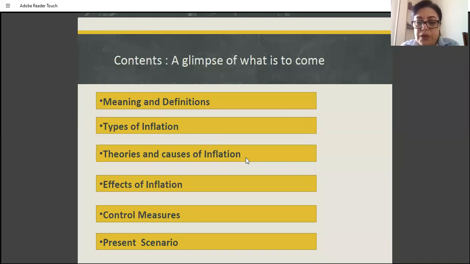Then, because inflation is a very strong and hard economic event, it's necessary to understand the expected effects of inflation, the consequences, negative and positive. Then the next step that we have to clarify during the lecture is how to control it. What are the major control measures for inflation?